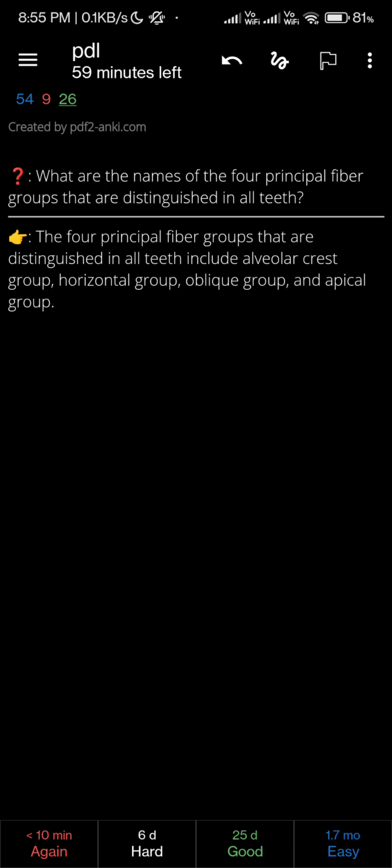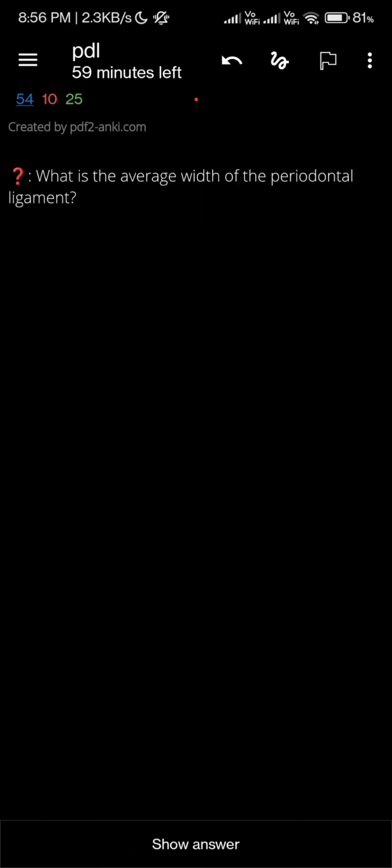The four principal fiber groups are the alveolar crest, horizontal, oblique, and apical groups. What is the average width of the periodontal ligament? 0.15 to 0.38 millimeter.